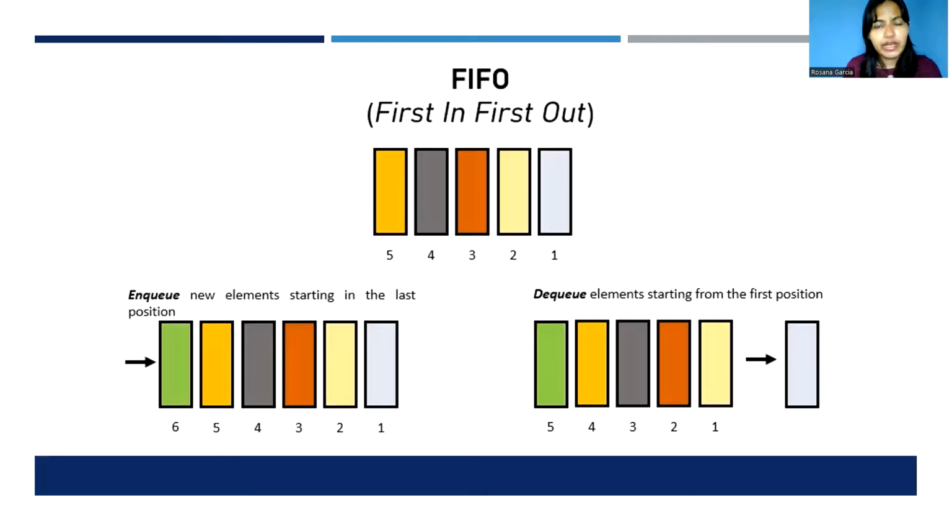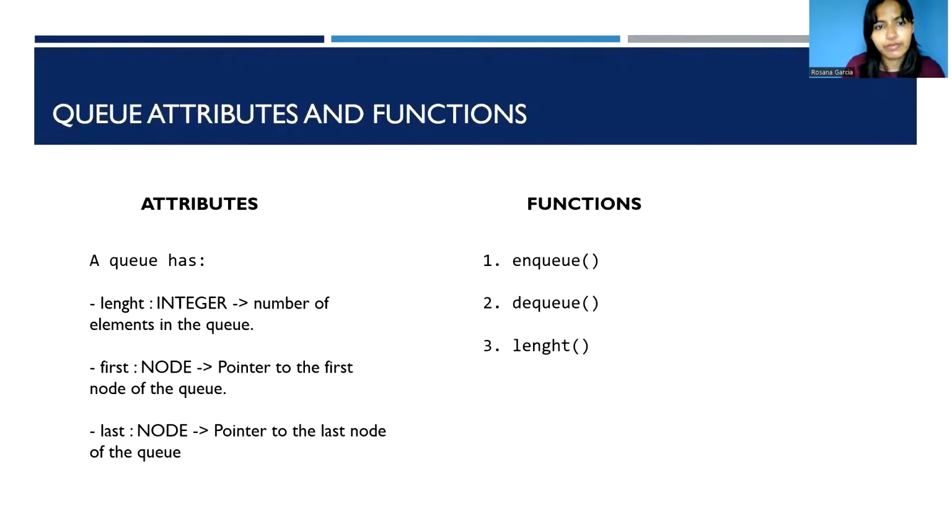The priority queue has to keep the linear first in, first out order if elements have the same priority. The queue attributes are similar to those of the list. They also have a length that represents the number of elements in the queue, and this is an integer value. And it also has 2 nodes, one that represents the first element and one that represents the last.